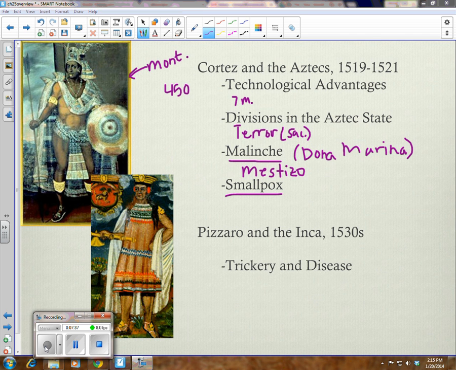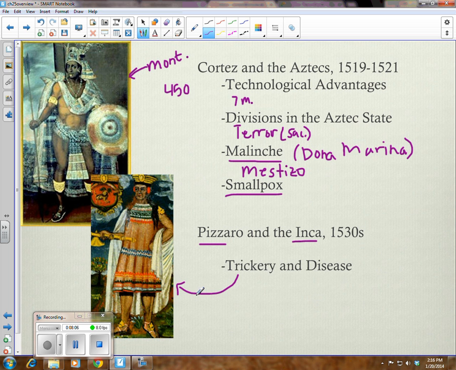In the 1530s, Pizarro and the Inca also have a meeting, and the Inca suffer a similar fate to the Aztecs. Pizarro tricked the Incan king, Atahualpa, into becoming a captive of the Spanish by saying that he was going to negotiate with them.